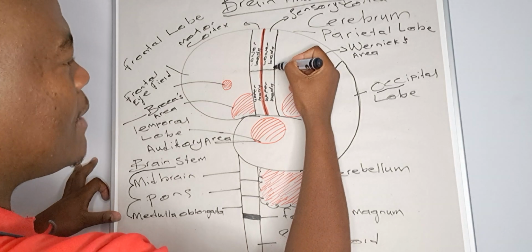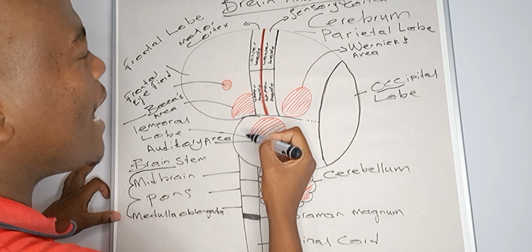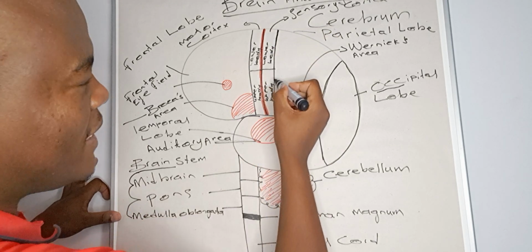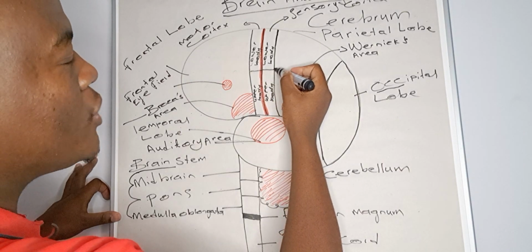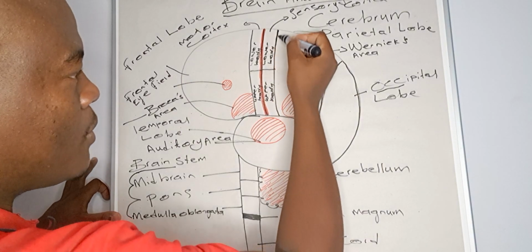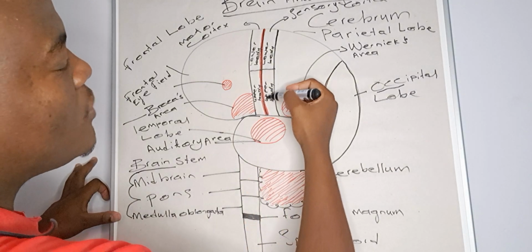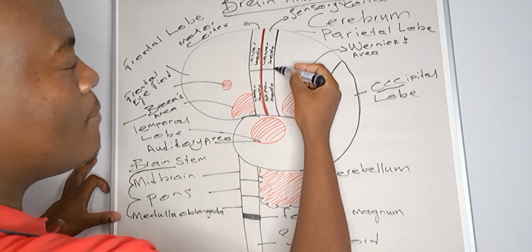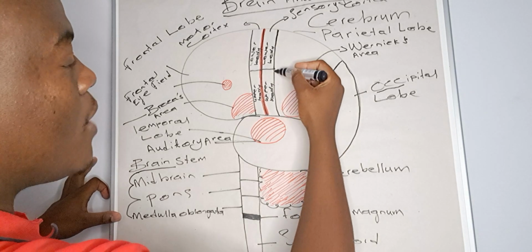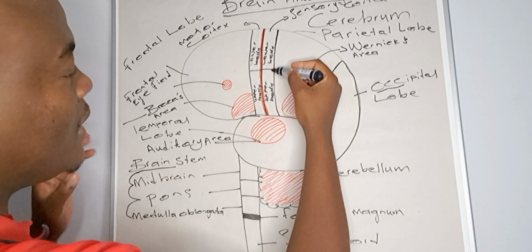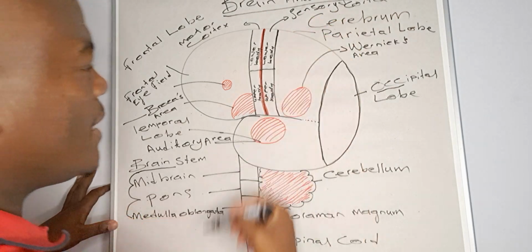Only this area in the middle going up towards the surface of the brain is highly sensitive to feel things that are taking place in your lower body, meaning from your waist to your toe. This area will be responsible to feel anything that is taking place there. This particular upper body is things that will be taking place from your waist to your head. This area is highly sensitive for that kind of area. This is where you sense everything that is taking place.